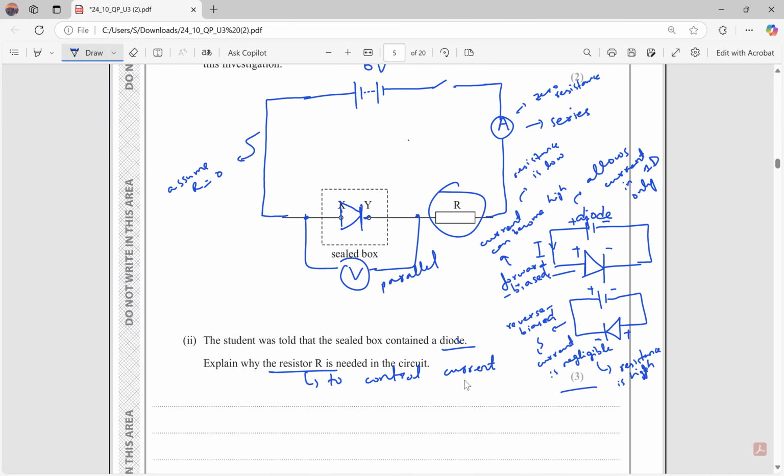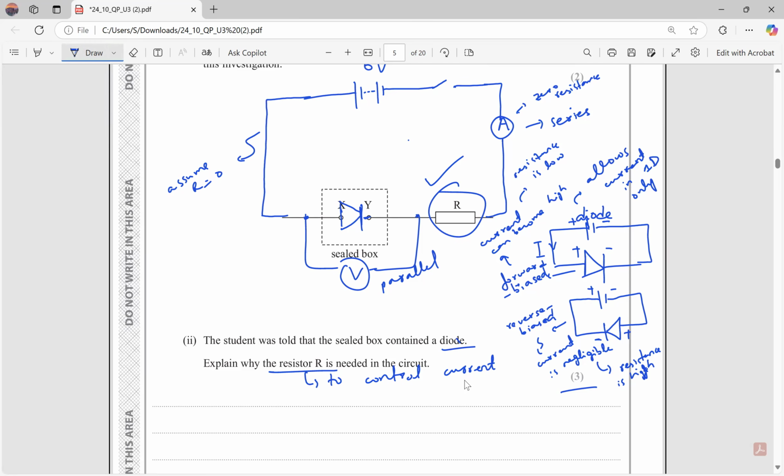So what did we discuss up till now? In forward bias, the current can become very high. This means the resistance of the diode is low. In reverse biased, current is very small. That means the resistance of the diode is very high. Now, why do we need a resistor in the circuit?